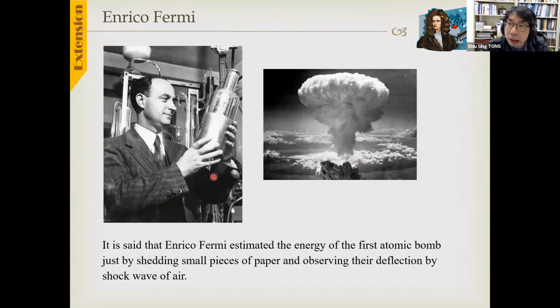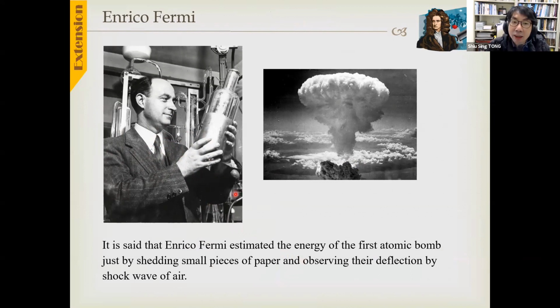I'll tell you something interesting. Enrico Fermi is a very famous physicist. He was good both in experimental physics research and theoretical calculation. He excelled in both. And he had one very strong skill, which was doing order of magnitude estimation. He was very good at that.